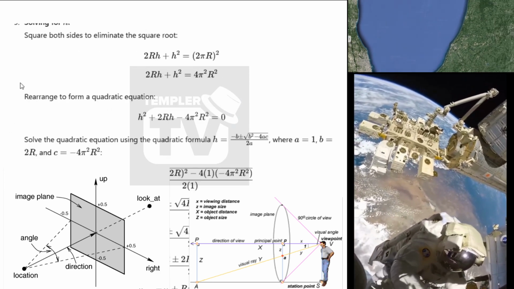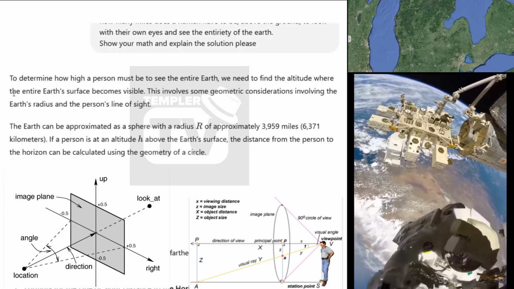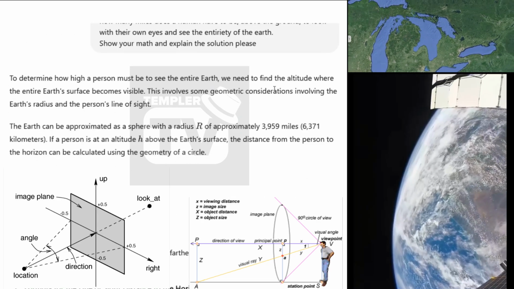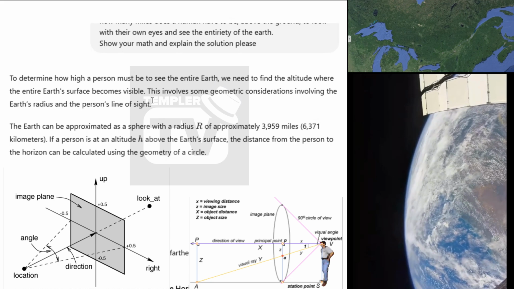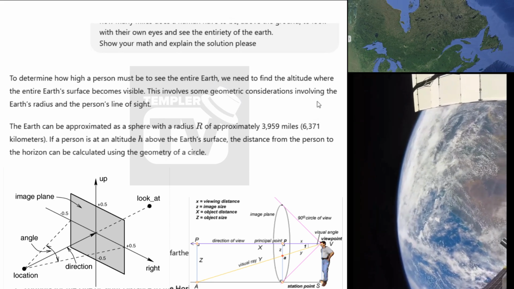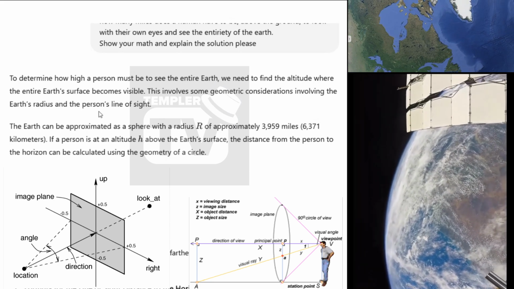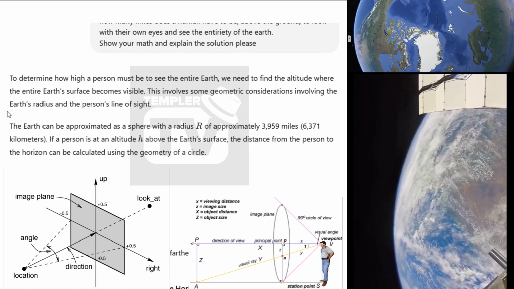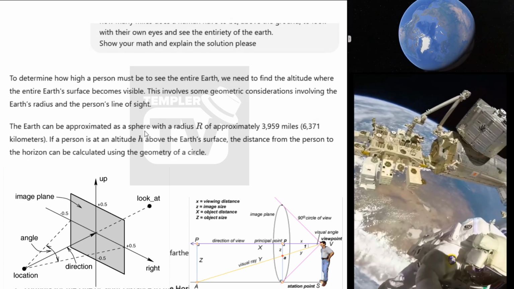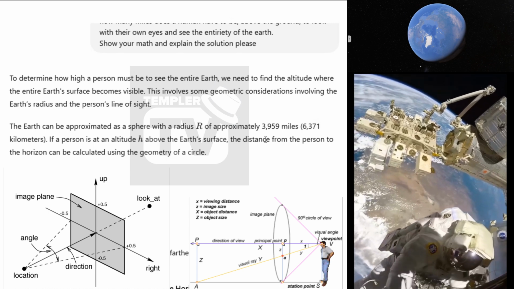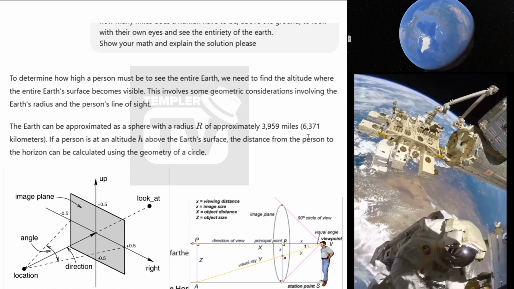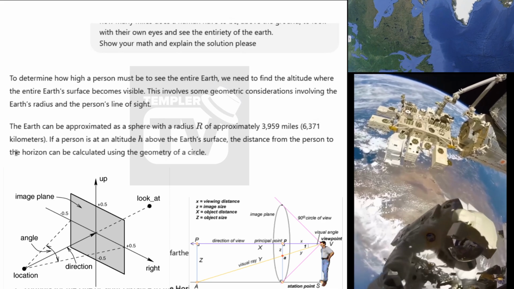To determine how high a person must be to see the entire Earth, we need to find the altitude where the entire Earth's surface becomes visible. This involves some geometric considerations involving the Earth's radius and the person's line of sight. The Earth can be approximated as a sphere with a radius r of approximately 3,959 miles, 6,371 kilometers.